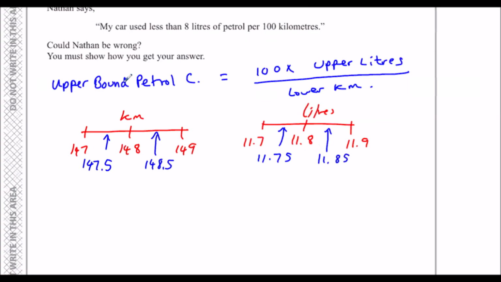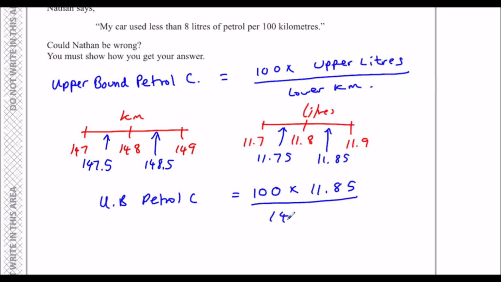So we want upper bound petrol consumption. Upper bound of petrol consumption is 100 times the upper litres, 11.85, over the lower kilometers, 147.5. So we're going to type it into the calculator.